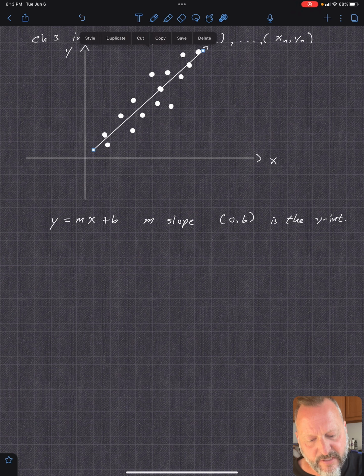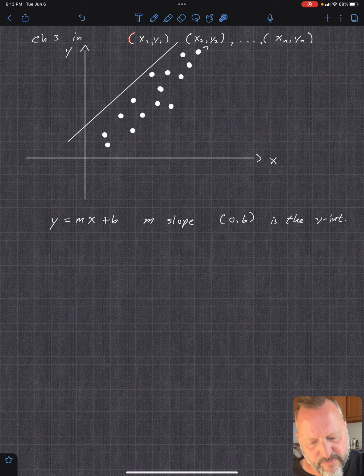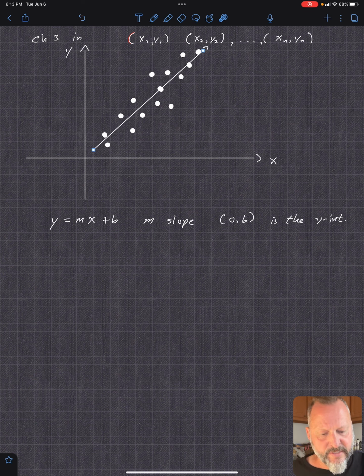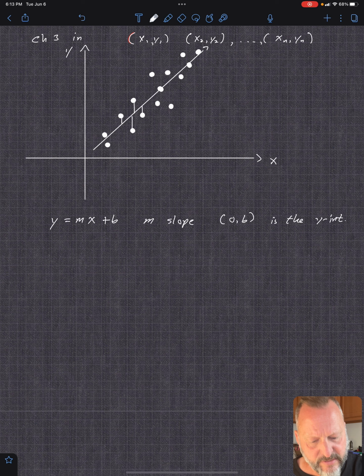But if you have a line that goes like that, then this would be, of course, the intercept crossing the y-axis. I just kind of guessed on that line, but there's a way to look at all of these distances and averages like this. I'm actually not going to make you calculate that. I just want to show you how it's done, and then we'll use computers to do it.